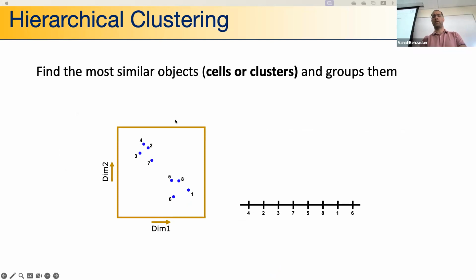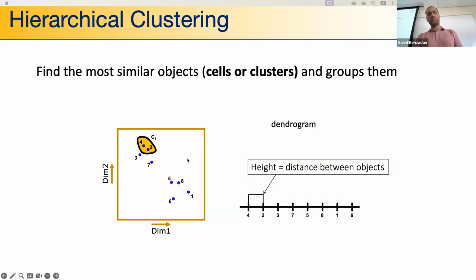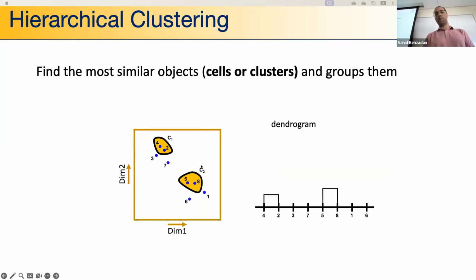So here you calculate, again, the similarity. The similarity can be based on the cosine similarity, the Euclidean distance, or correlation, or whatever. And then you group the two most similar instances or cells in your data set. And then you calculate the distance from each new cell to the center of that cluster, right? And you keep expanding.